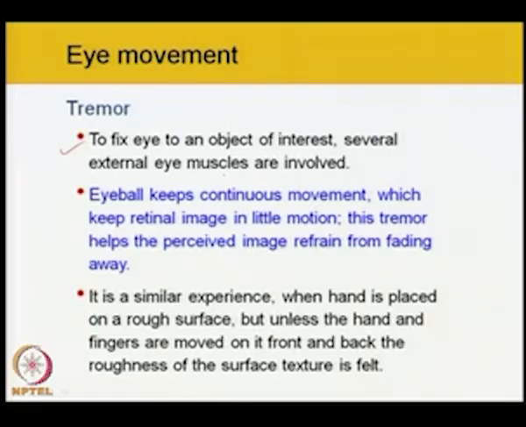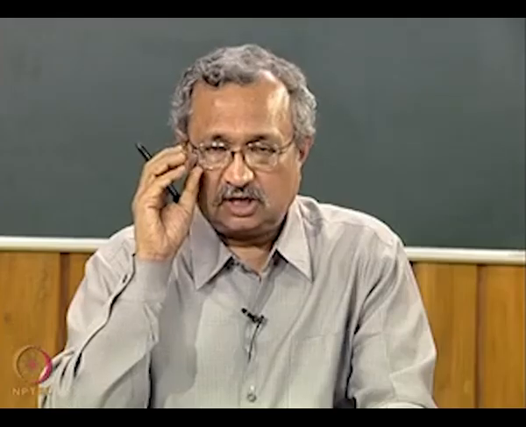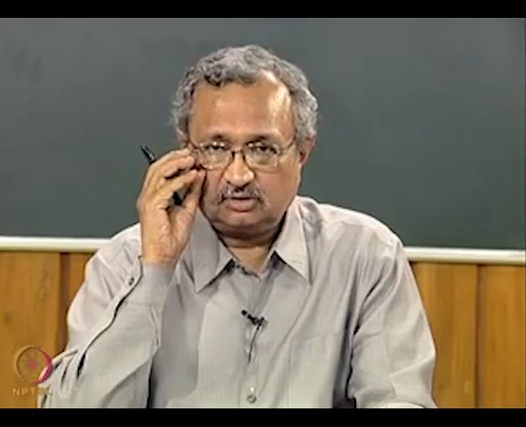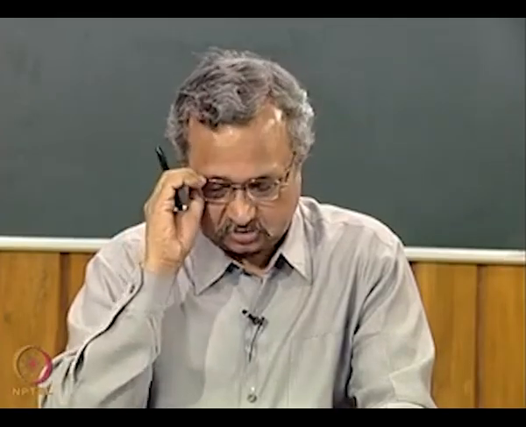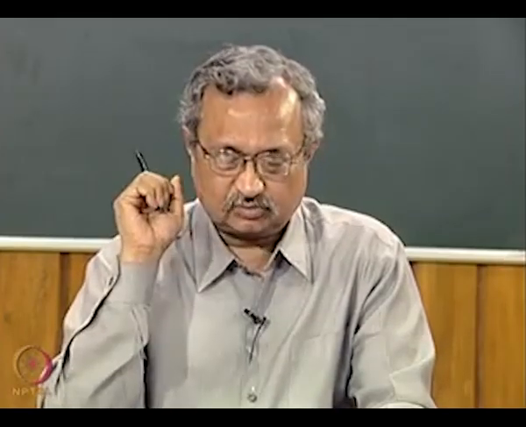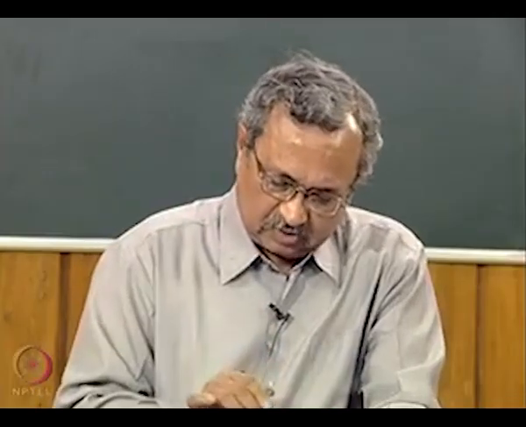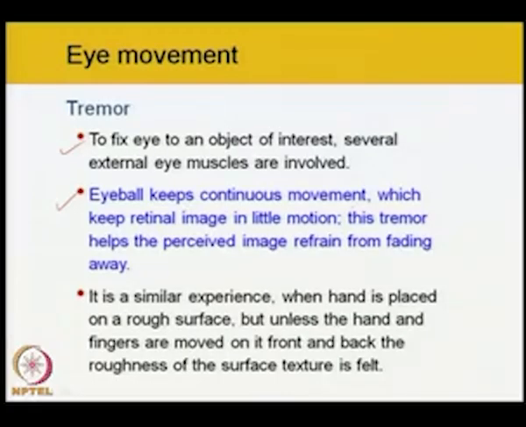Those eye muscles are holding the eyeball in place, so their movement focuses it. The eyeball keeps continuous movement, it is not fixed, which keeps the retinal image in little motion.